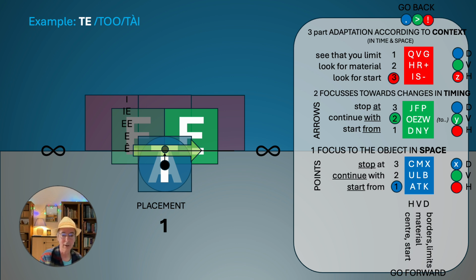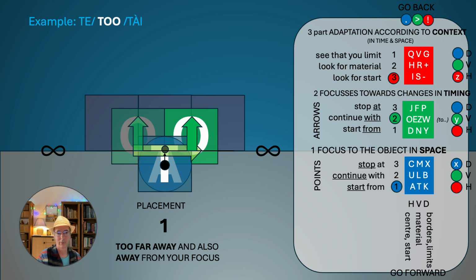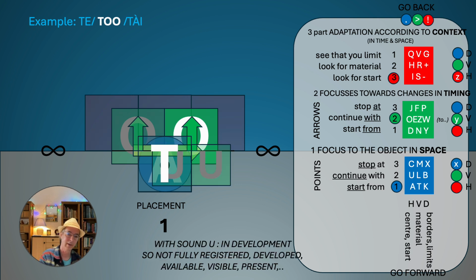Actually, we are losing a little bit of that focus, also away from the letter A, from our first focus. So it is already too far away, of course, to define it well, and that's what the letter is about. Too far away brings us to the English word, which is not using the letter E, but the letter O, even two letters O, and it's placing itself not just too far away, but also away from our focus.